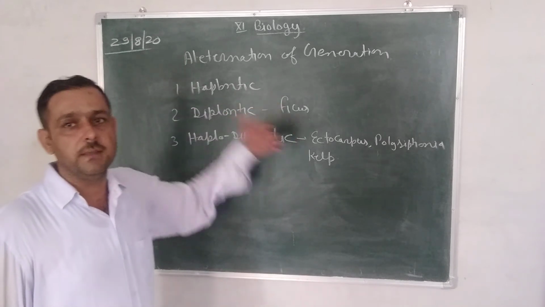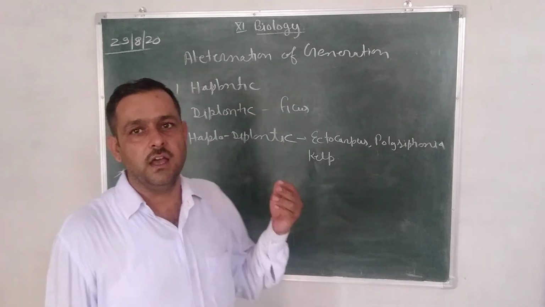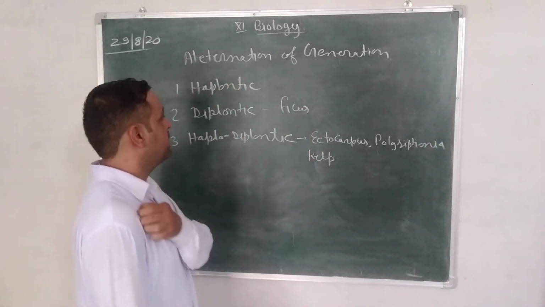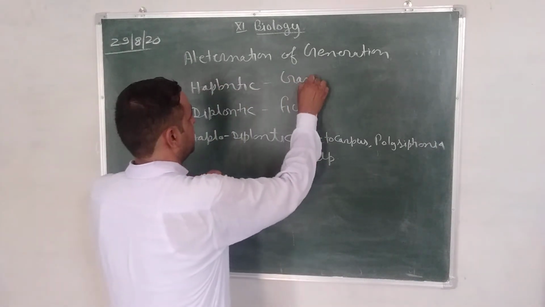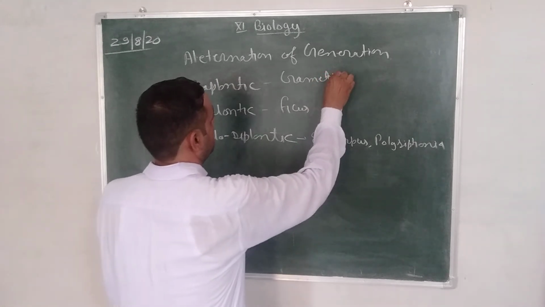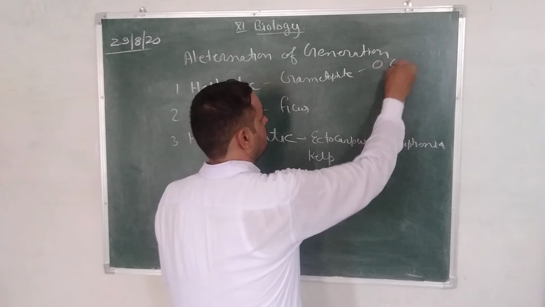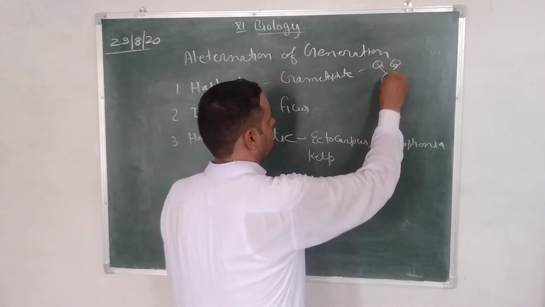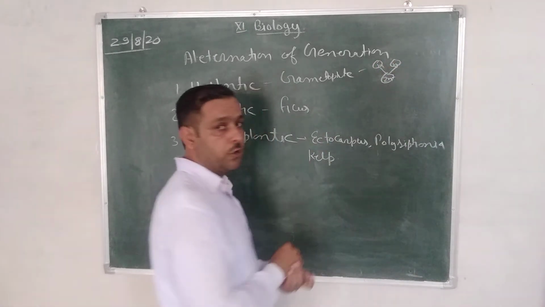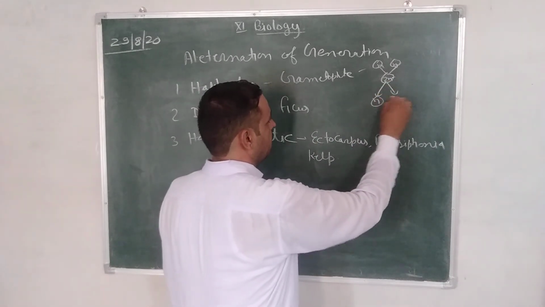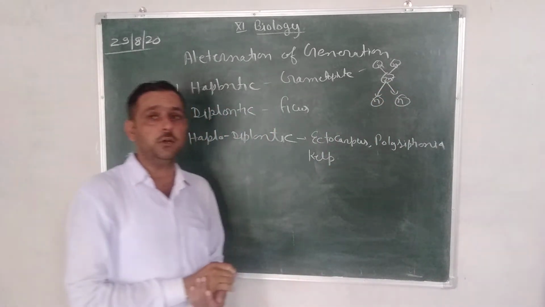Haplontic means the main stage of plants like algae, bryophyta, fungi. These plants' main stage is gametophyte, and in sexual reproduction they make gametes, and after gamete fusion they convert into sporophytic condition, and after the sporophytic condition, by meiosis they come back into gametophytic condition.